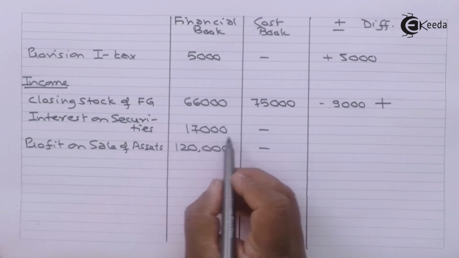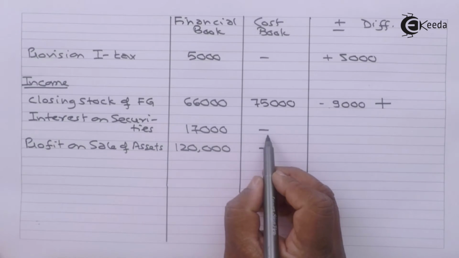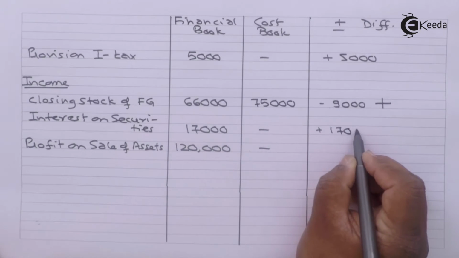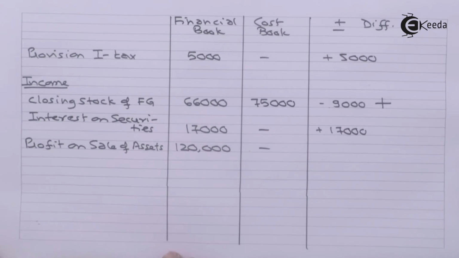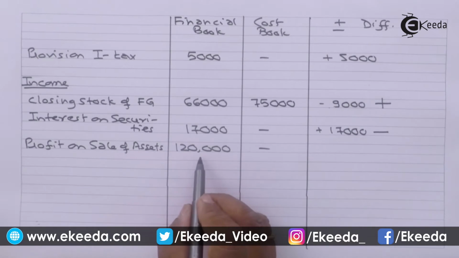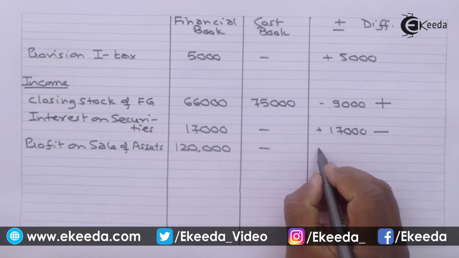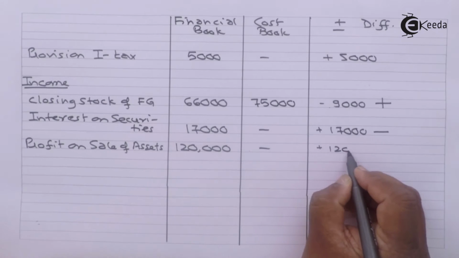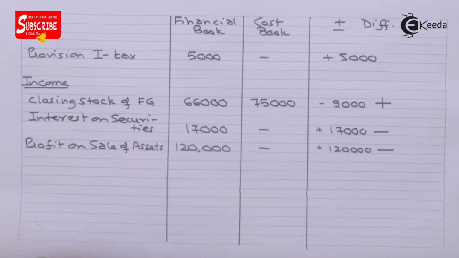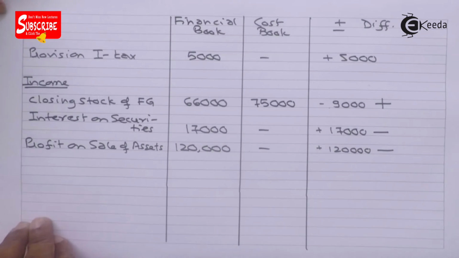Interest on securities 17,000 minus nil, so we'll get here plus 17,000. But we have to reverse the sign, so it will be minus. Profit on sale of asset 1,20,000 minus 0, plus 1,20,000. But we have to take sign minus. We have fixed the sign.